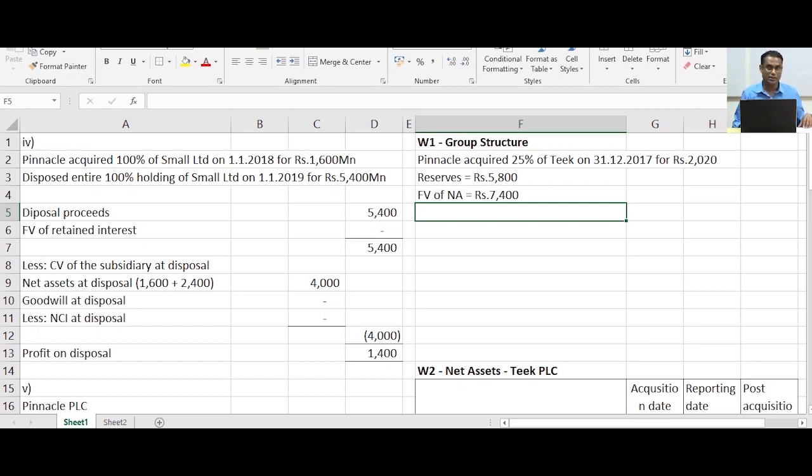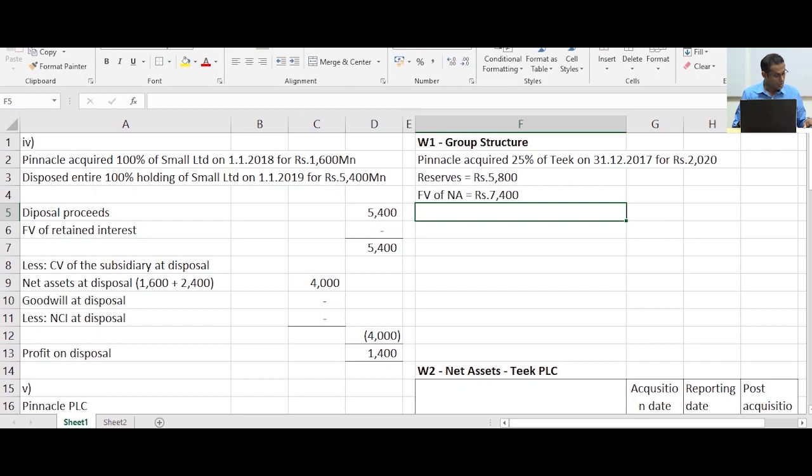Then in addition, in the pilot paper, additional information was given under the increase in investment in Teak PLC. As per the expansion strategy of Pinnacle PLC, the Board of Directors decided to increase the investment in Teak PLC.